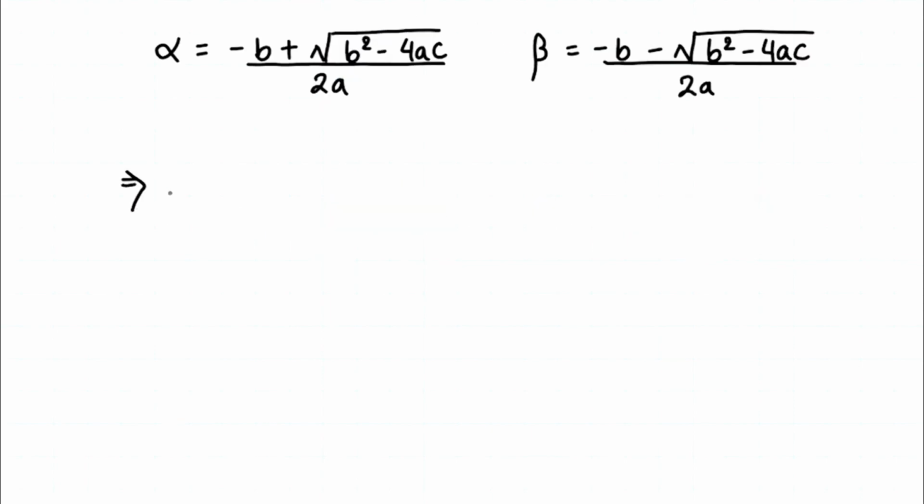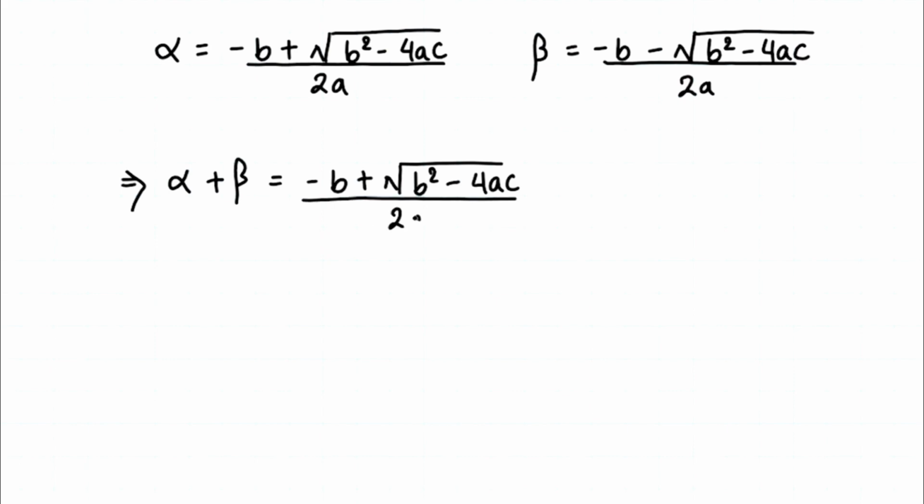So let's first find the sum of these two roots, okay? So we have our alpha plus beta, right, equals to, so our alpha is minus b plus square root b square minus 4ac divided by 2a, plus our beta as minus b minus square root b square minus 4ac divided by 2a, equals to, now they have the same common denominator 2a, right?